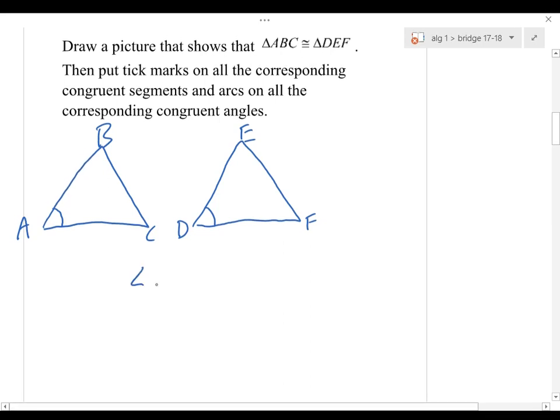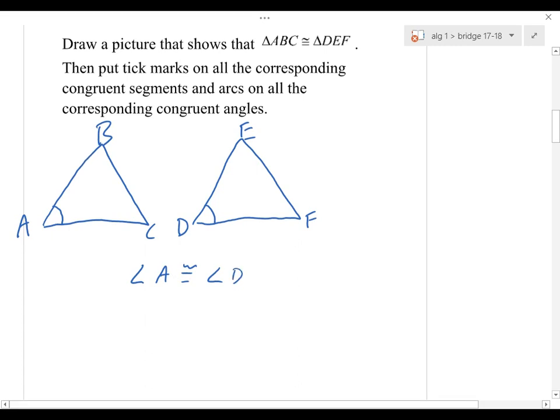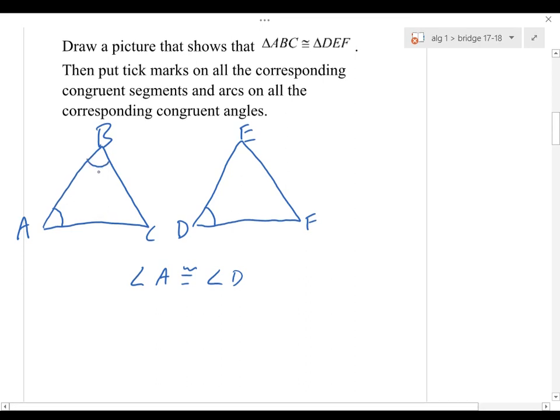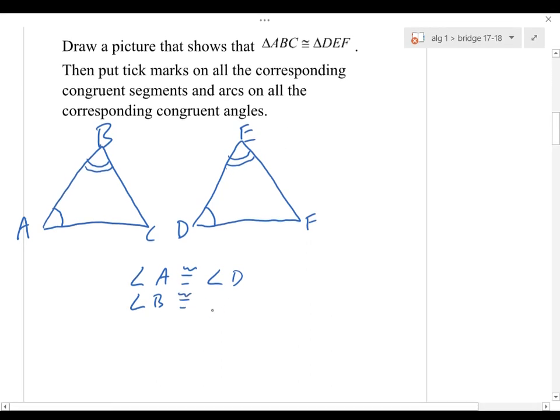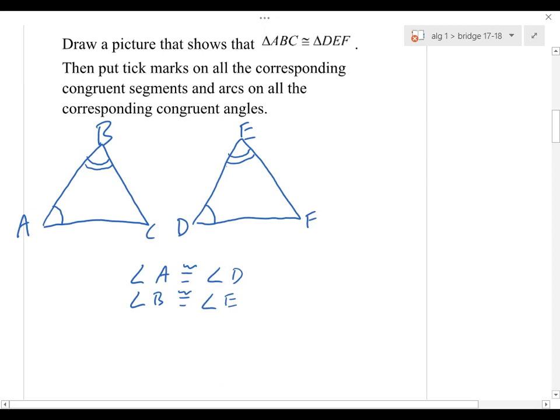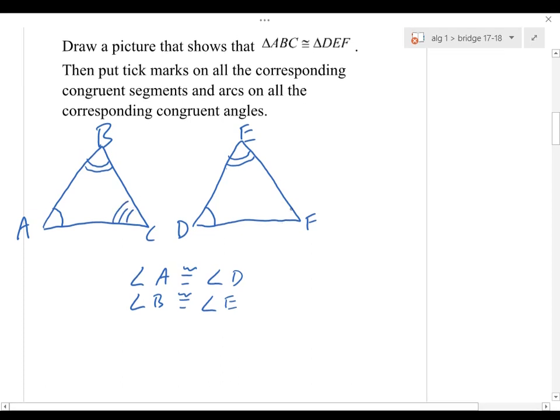So the first one, we have angle A is congruent to angle D. And we also have angle B is congruent with angle E. And angle C is congruent with angle F.